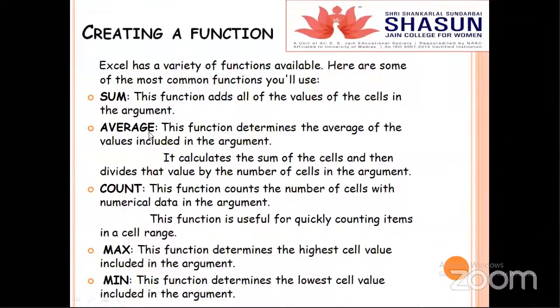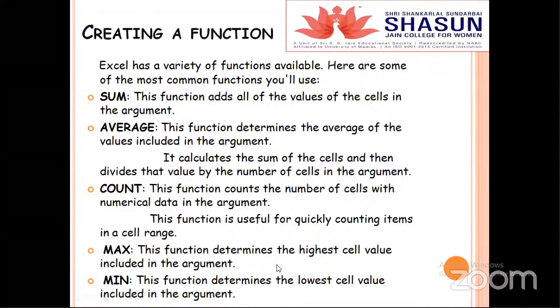Average. Average is used to take the values of some cells and divide the total by the number of values, and the answer is the average. Count. Count is the number of cells which have values.